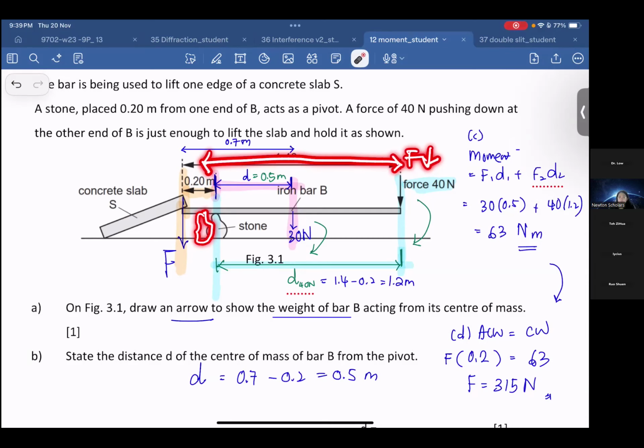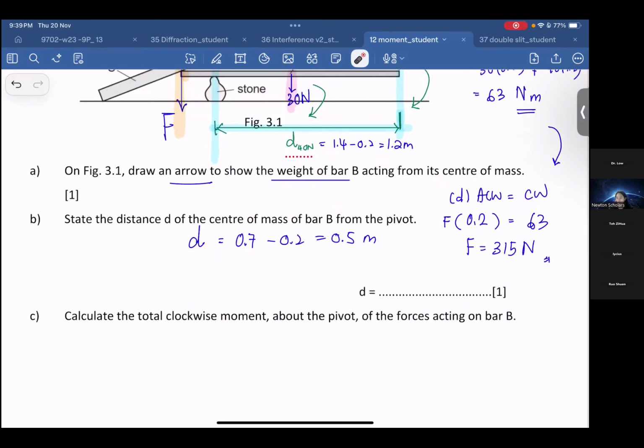Why? If I move my stone to the left, I will increase my perpendicular distance. So after I multiply it back, I will get the moment that I want. If you want to use a smaller force, then you increase the distance from the pivot. Is that clear?